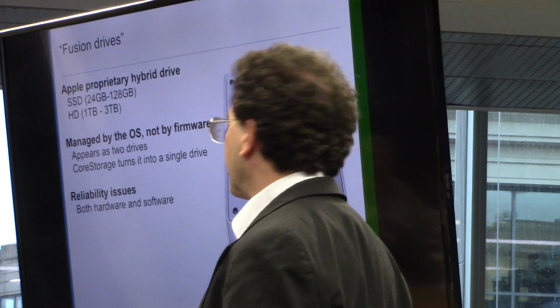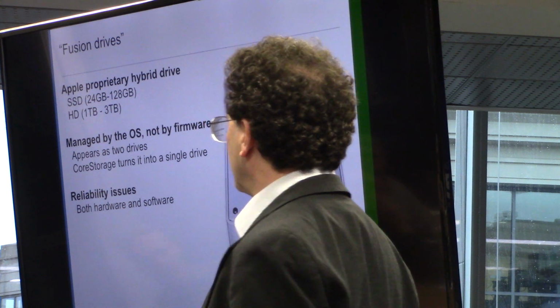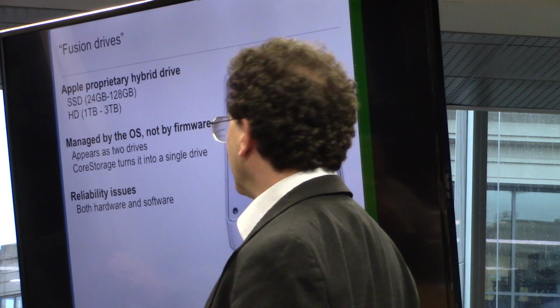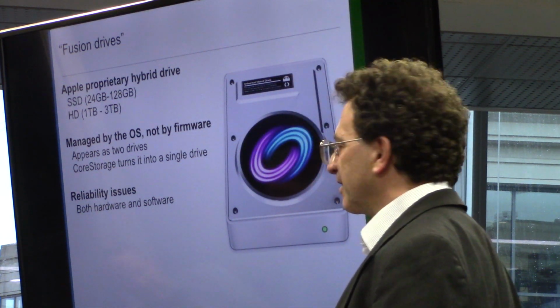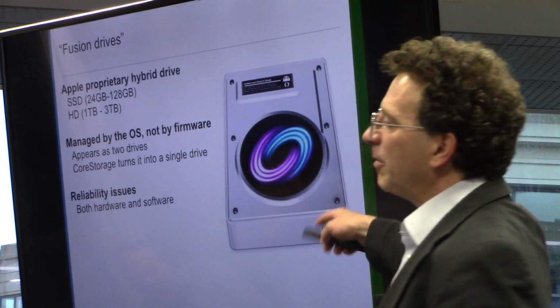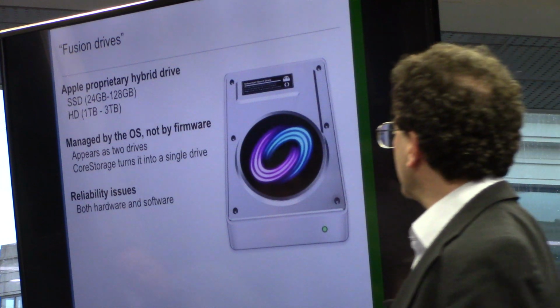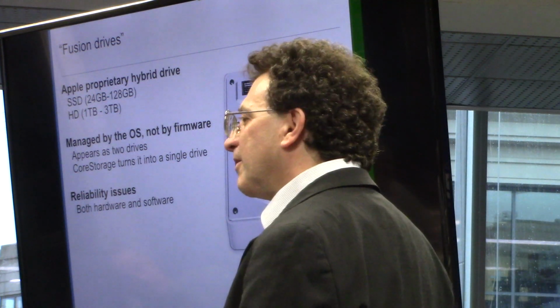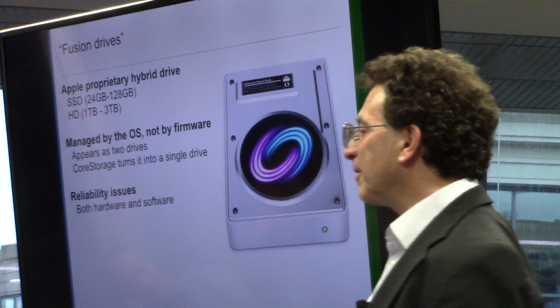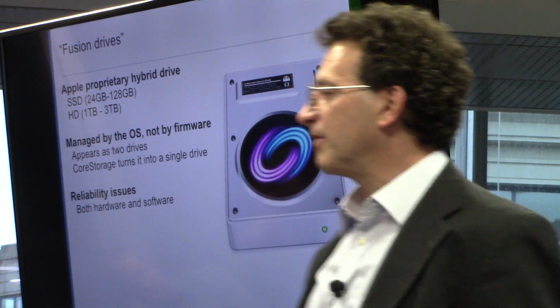It's managed by the operating system, not by the firmware. So if you're doing forensic analysis on it, it looks like 2 drives, and it can be a little difficult to analyze. These are probably going away just because it's difficult to get all the software working, and there have been some reliability issues. But they're out there in the field, so if you're going to grab somebody's machine, they might be running one of these, and you need to be aware of that.